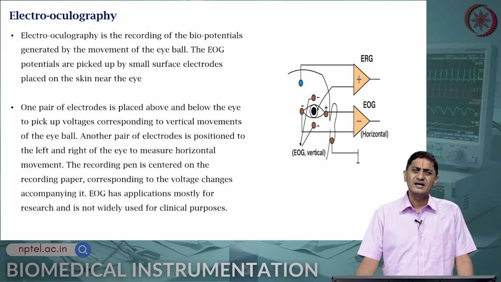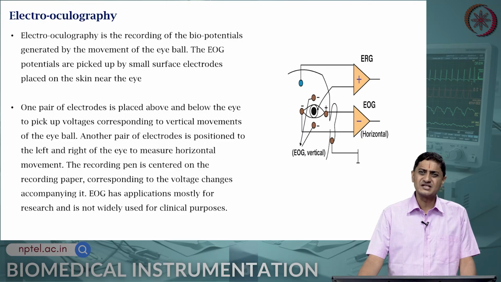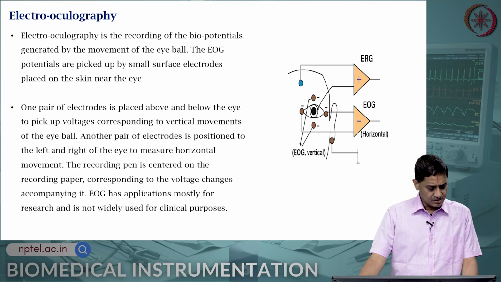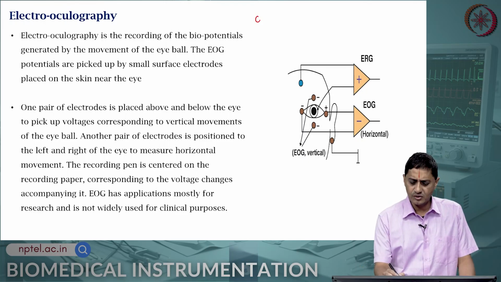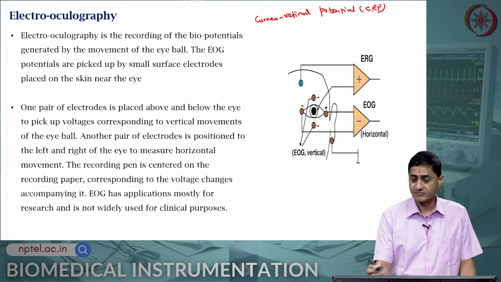So, the eye actually maintains a steady potential difference. It is a biological battery that maintains a steady potential difference between the cornea and the retina. Now, this corneo-retinal potential, CRP.